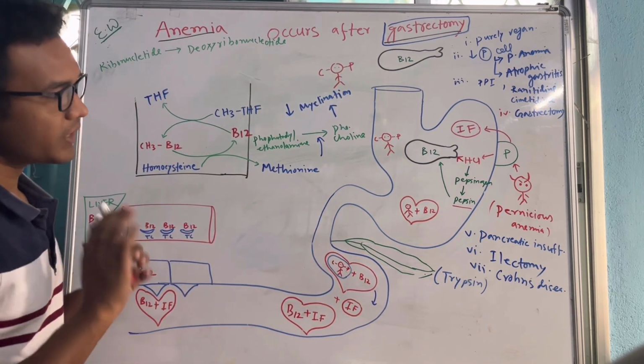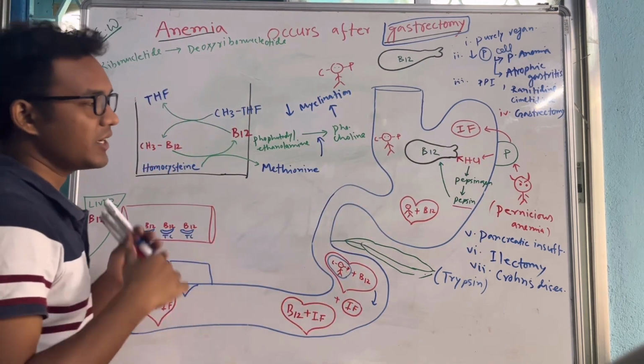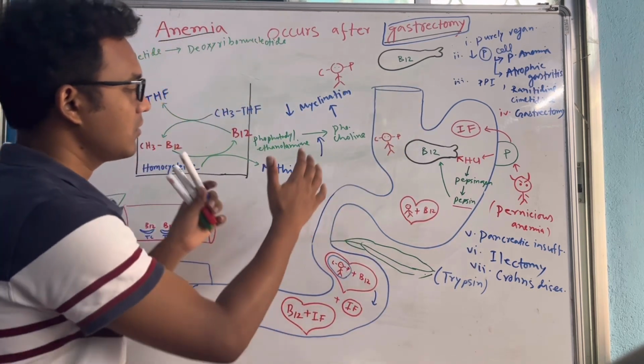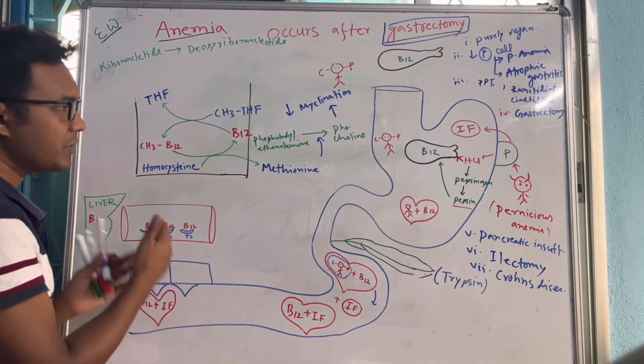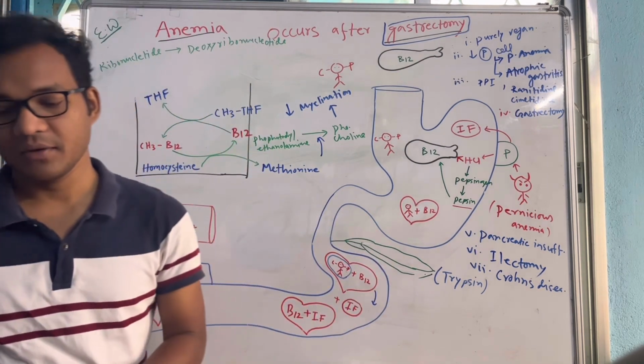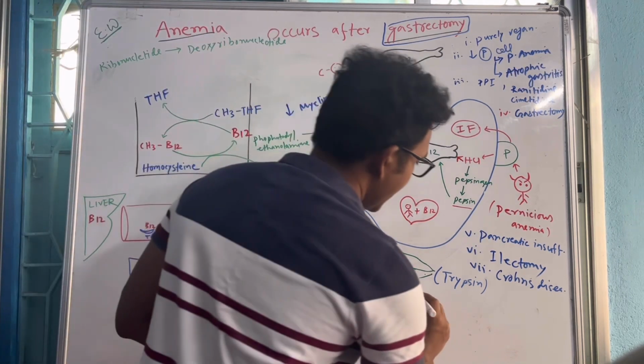So just know that if there is any chronic inflammatory condition inside the intestine, for example Crohn disease, it leads to decreased absorption of B12 and it leads to megaloblastic anemia. Now pregnancy, the eighth factor.